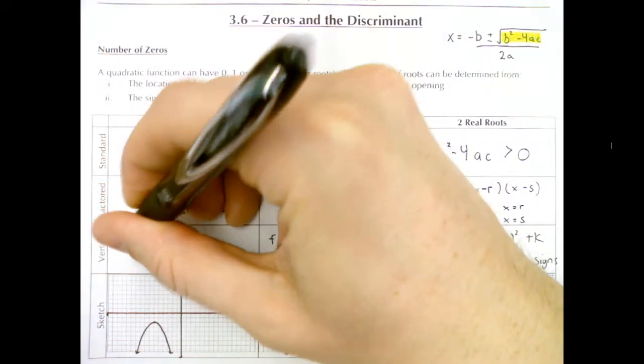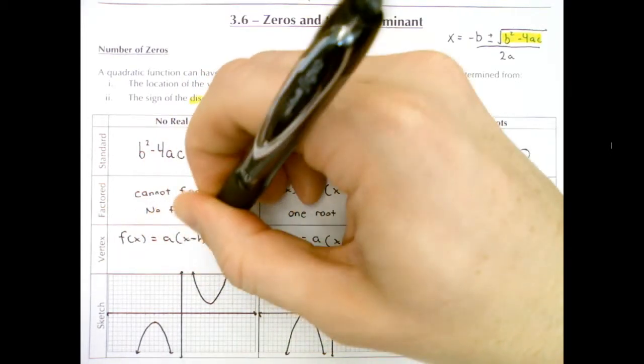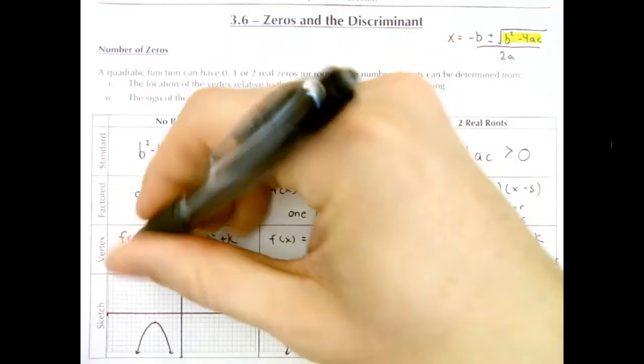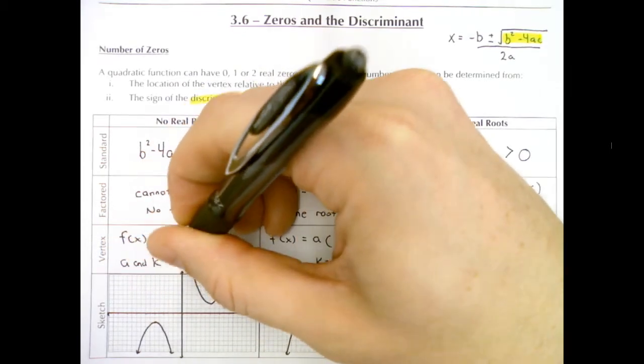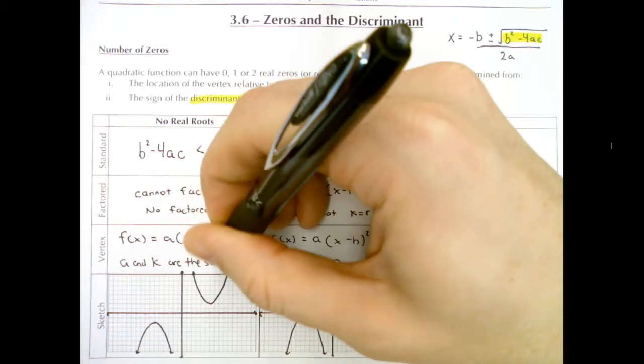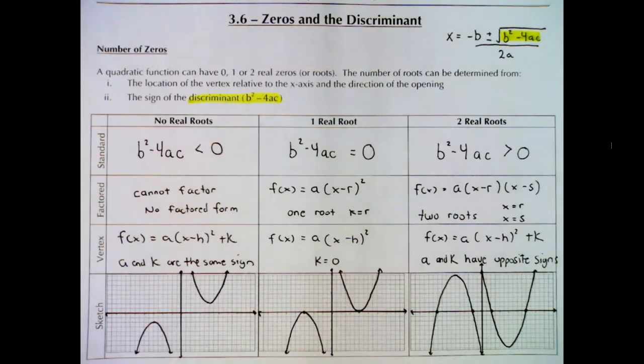So if you have a vertex form, and a and k are the same sign, you will have no real roots. So if k is 0, one real root. If a and k are opposite signs, you get 2. If a and k are the same sign, you don't get any.